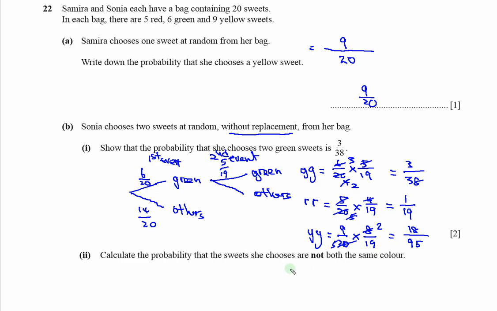So probability of same color is 3 over 38 plus 1 over 19 plus 18 over 95. Common denominator would be 95.